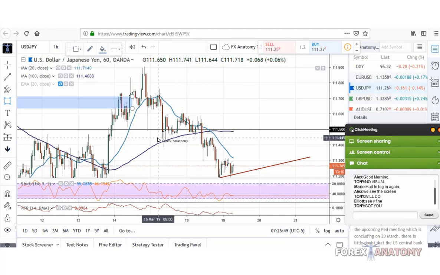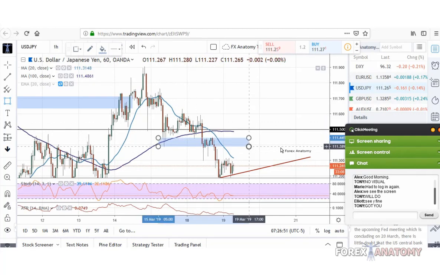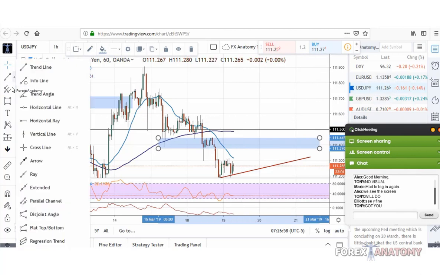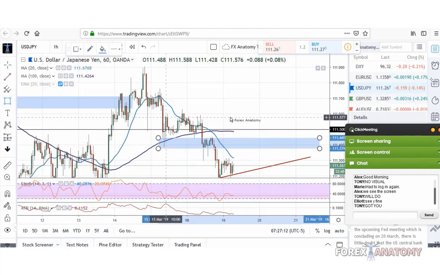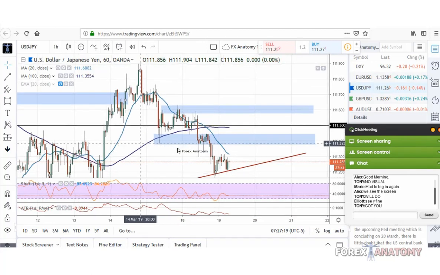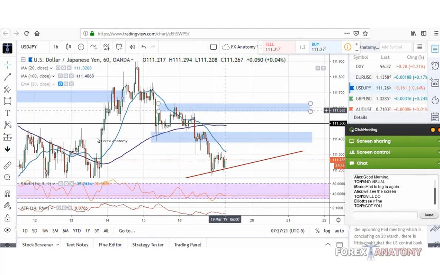If price is able to break above this zone, then I may be cautious on selling. For now, I may be cautious on selling. Now, if price breaks above these highs right here, then I definitely want to continue having a bullish bias for the US dollar Japanese yen.